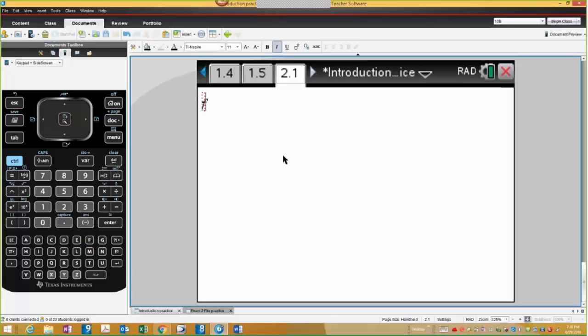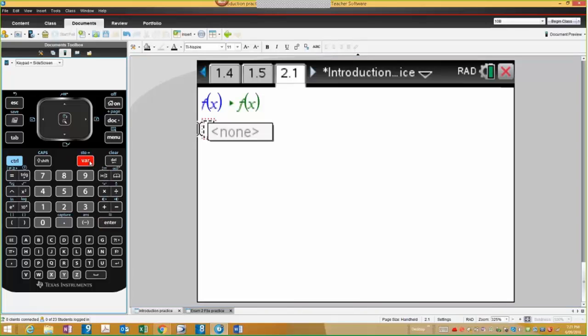I'll just type in f of x. Nothing's come up. That's because f of x, which was defined in the previous problem, is not recognised in this new problem. That is further verified if I hit the var button: within this problem there are no variables defined.